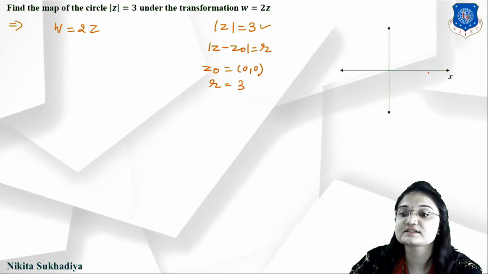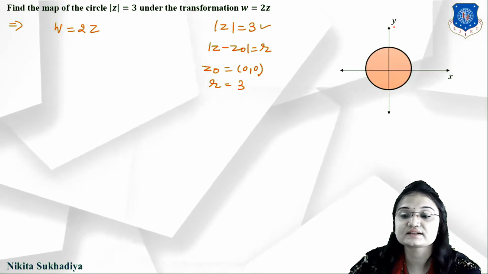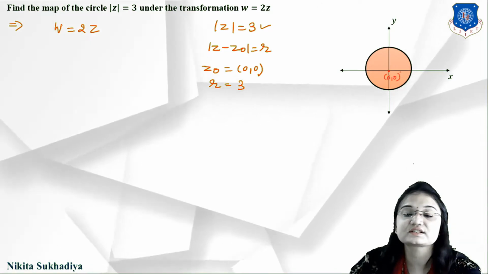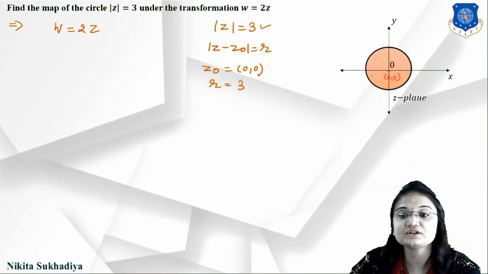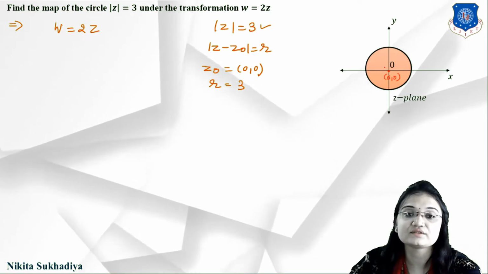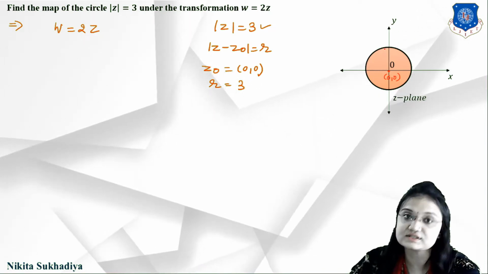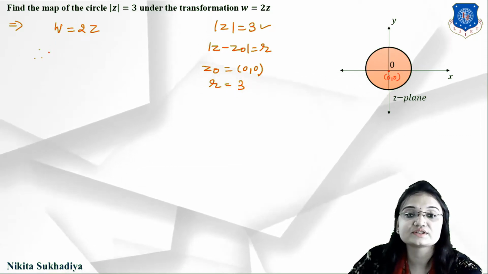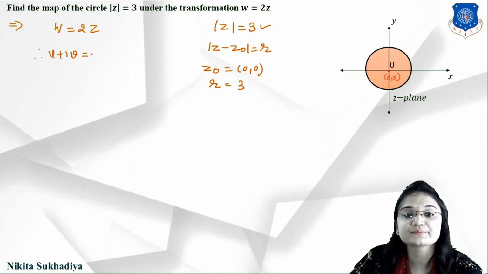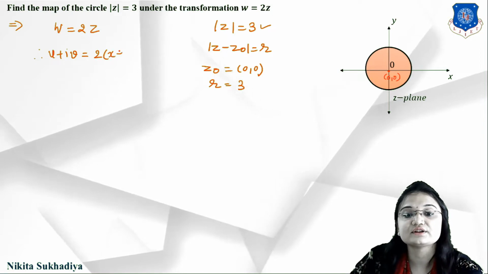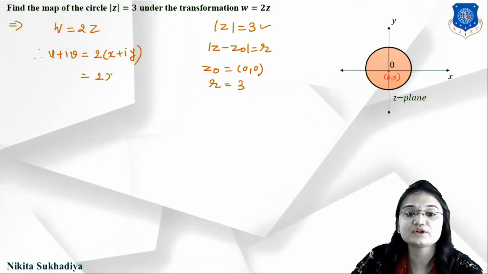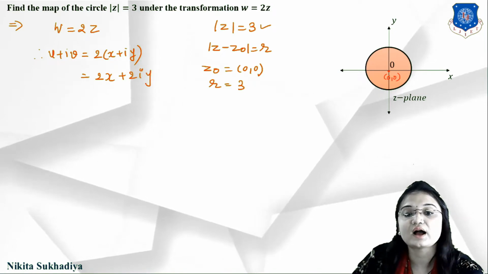So this one is the x axis, here we have the y axis, and this is the center point (0, 0), with radius 3, the circle representation in the z plane. Here we have to find the image of this circle in the w plane. So put w is equal to u plus iv and z is equal to x plus iy, so this is nothing but 2x plus 2iy.